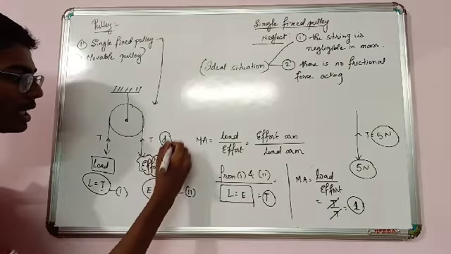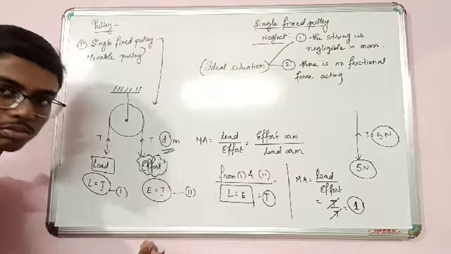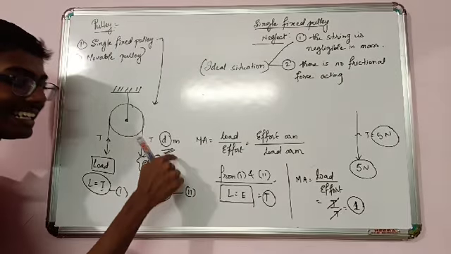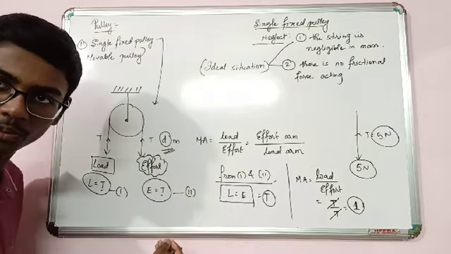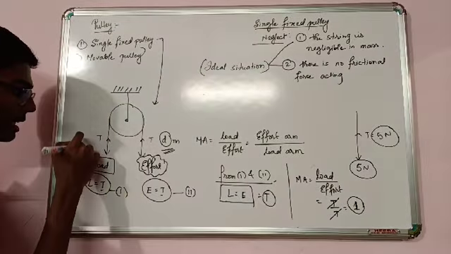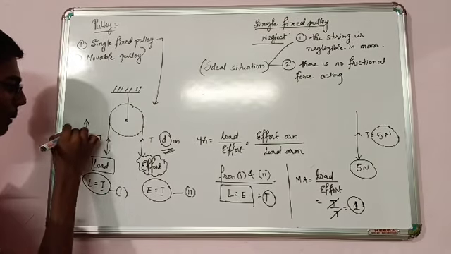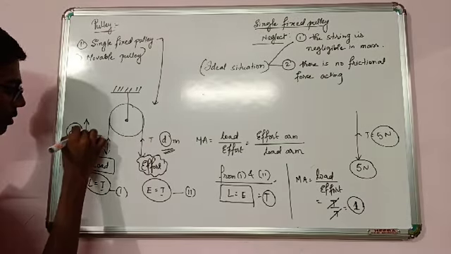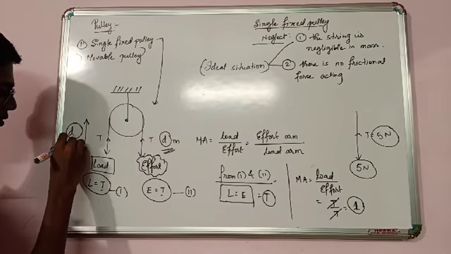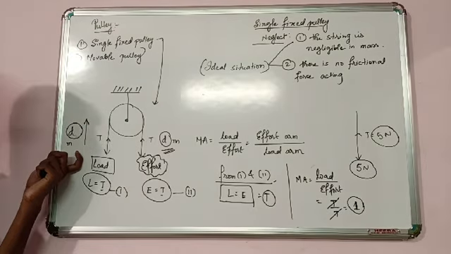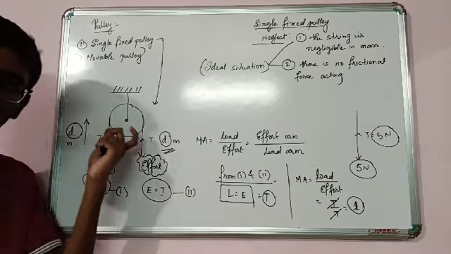That means this string is moving d meter down. Automatically, this side the string is going to move up by d meter.